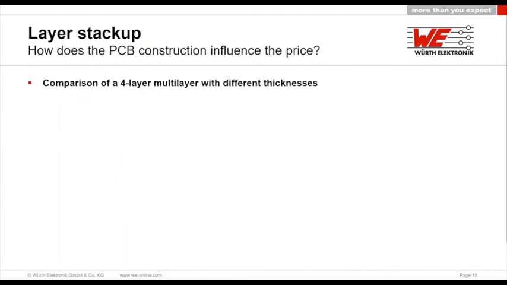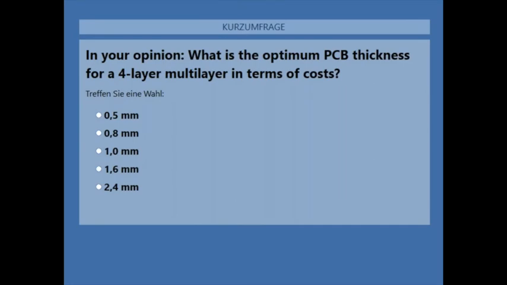When we have the choice of materials, we will have a look at the stack-up of your boards. And here we have a comparison of a 4-layer multilayer with different thicknesses. And to make it a little bit more interesting, I have a poll for you. I would like to ask you a question: in your opinion, what is the optimum PCB thickness for a 4-layer multilayer when it comes to cost?